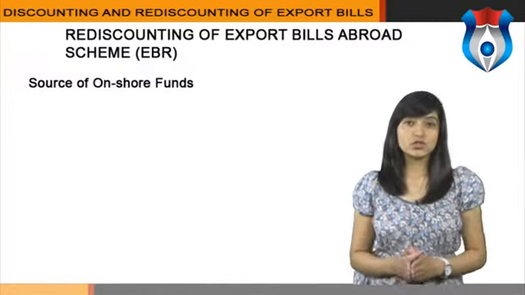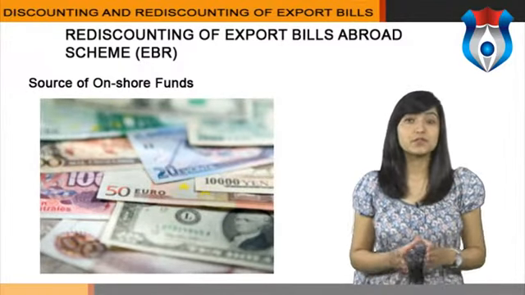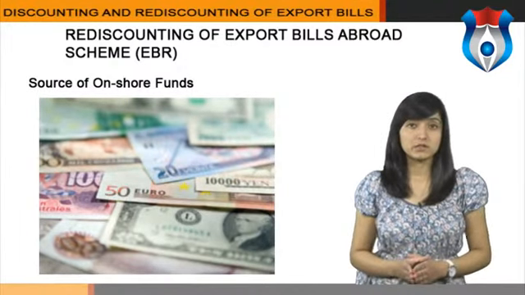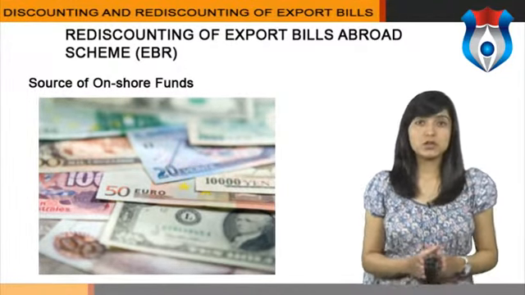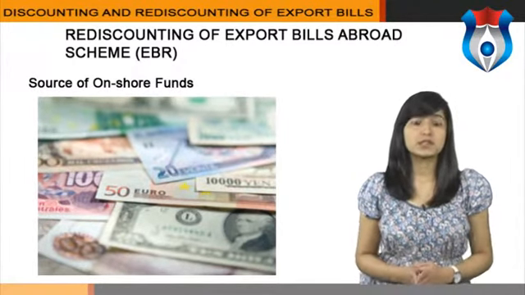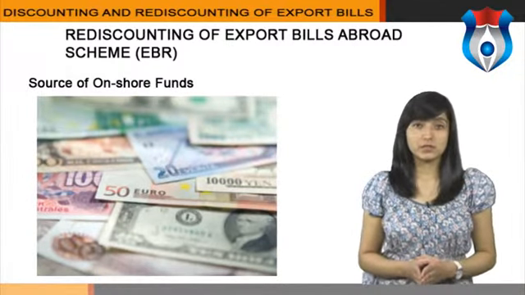Source of onshore funds. There will be no bar on banks to utilize the foreign exchange resources available with them in exchange earners foreign currency accounts, resident foreign currency accounts RFC, and foreign currency non-resident accounts.